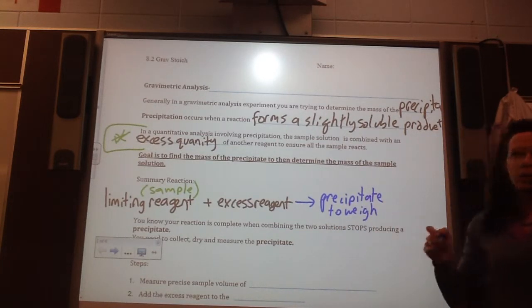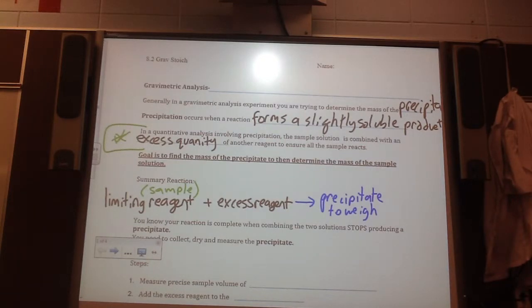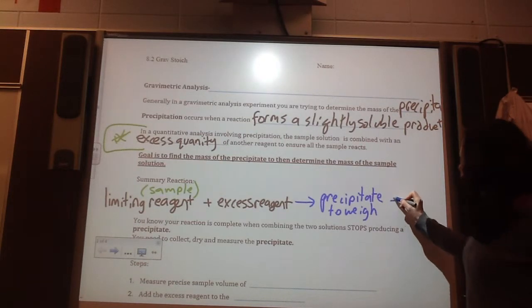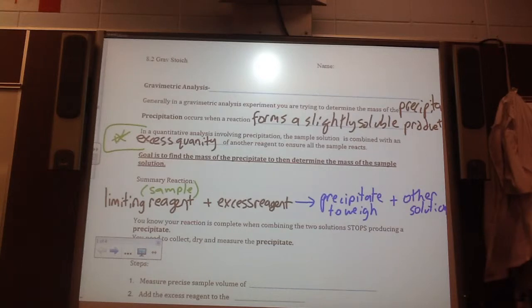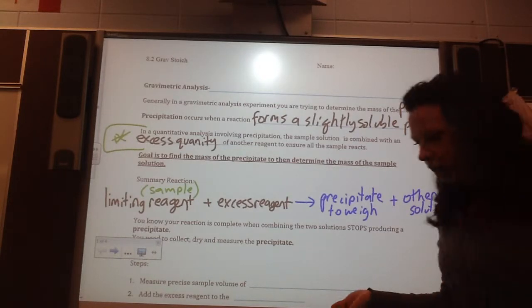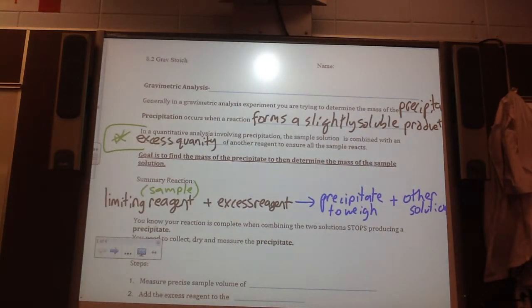You actually measure the mass, and there's another solution, because it will be a double replacement reaction, so you'll have another solution left over.